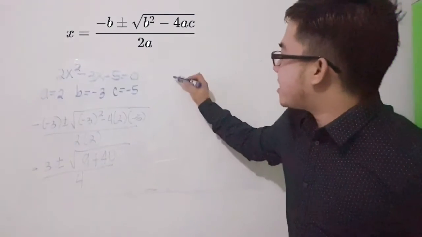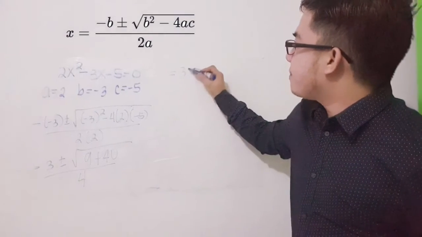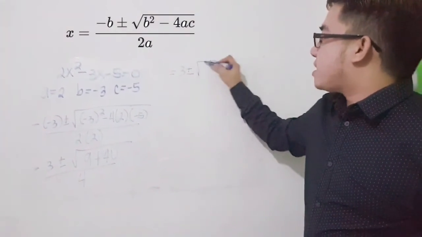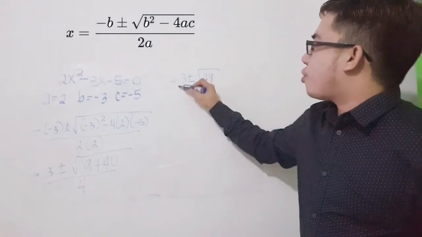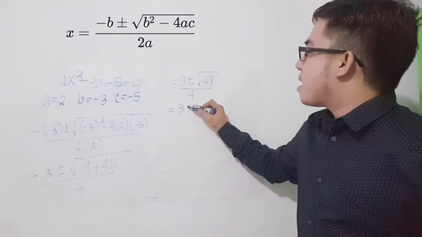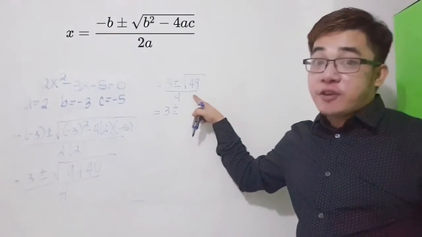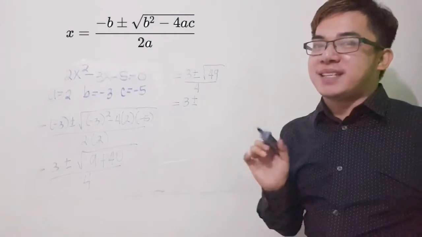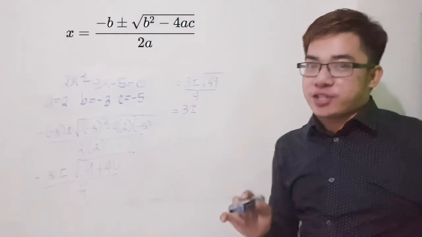So, the next is we will be having 3 plus and minus 9 plus 40 is equal to 49 all over 4. Then we have 3 plus and minus square root of 49. You are going to think of a number that when you multiply by itself, the answer is 49.